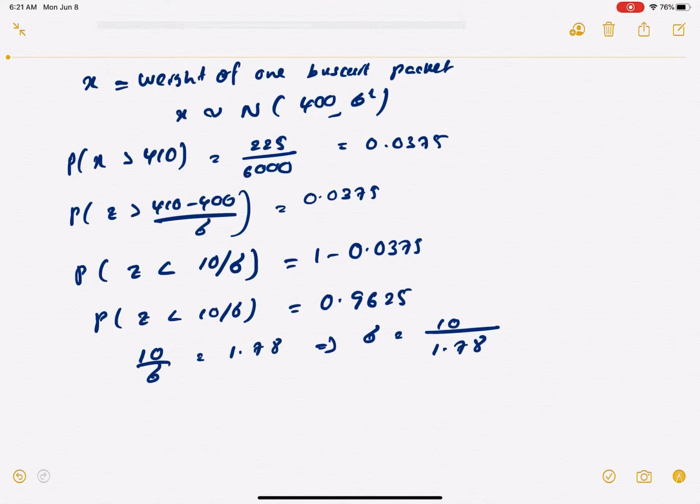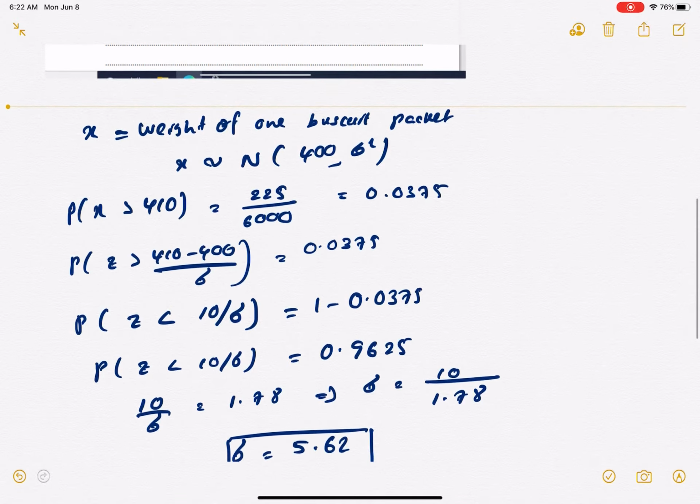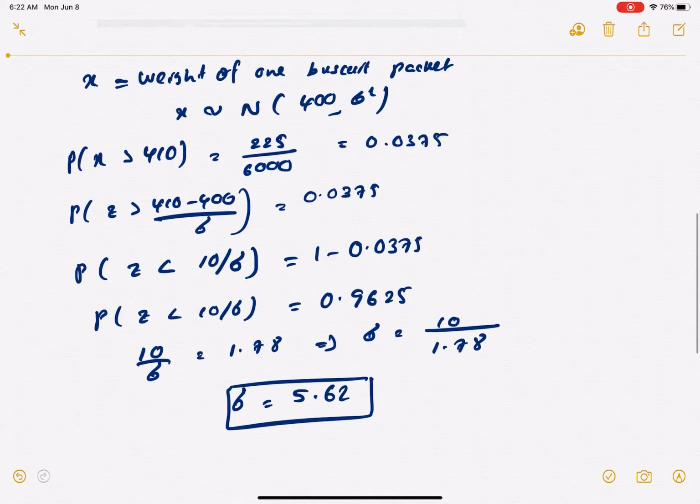So this value is equal to 5.62. Our standard deviation sigma is 5.62, correct to three significant figures. So that's my part I.